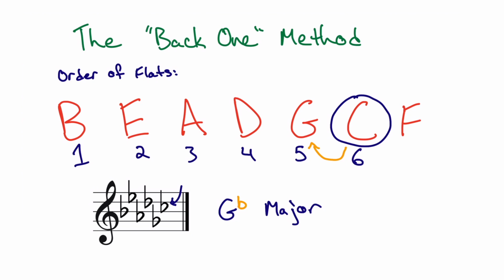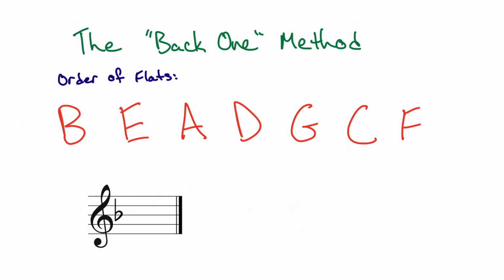But I did mention before that there is kind of one funky exception where we don't get to flatter the name, and there's a really good reason why. So right here we've got a key signature with 1 flat. Of course, it's going to be really easy to figure out what our flat is. It is a B flat, which you can figure out either by counting to 1, or you can look at it and just know that this is on the B line, so it's a B flat.